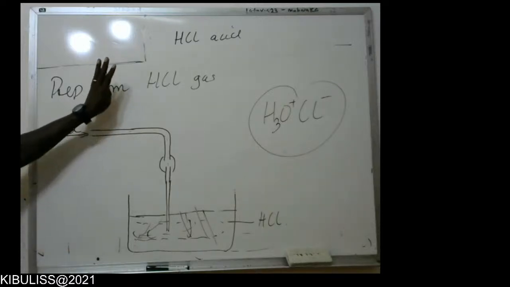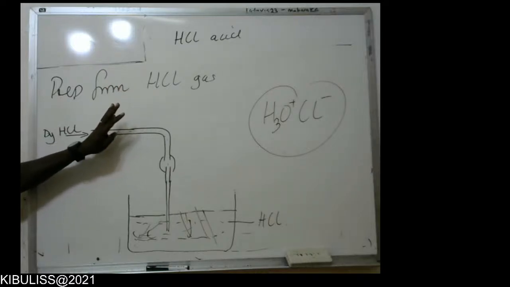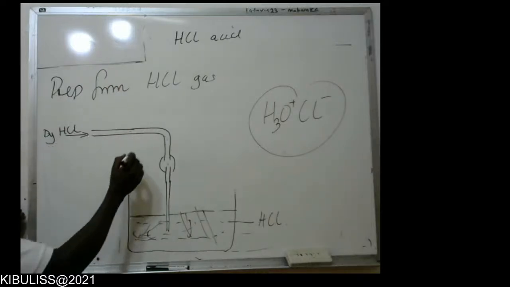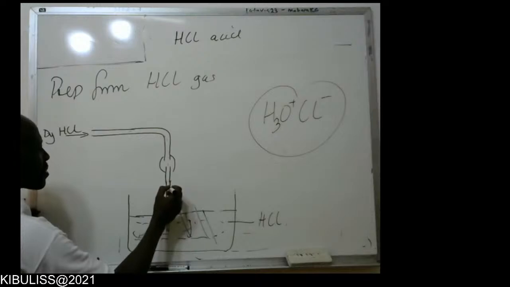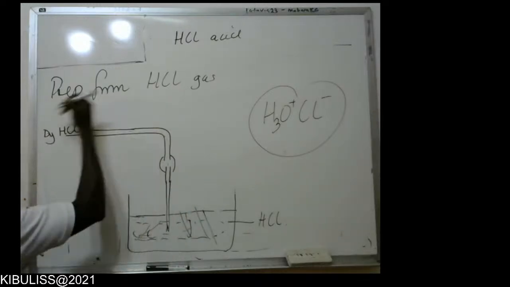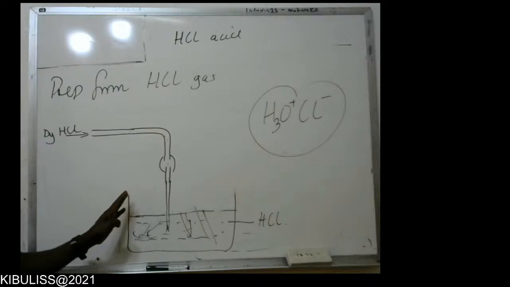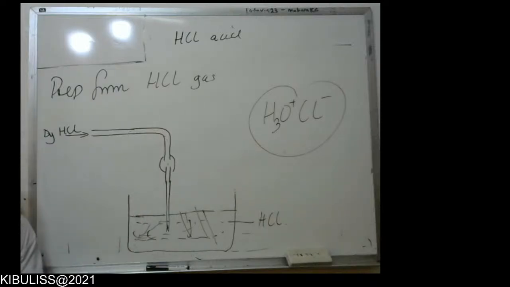So we use a funnel to minimize sucking back. Or use a delivery tube. The moment the first gas comes here, since there is high pressure difference, the water rushes in to look for the source. Where is the gas coming from? So the purpose of using a funnel is to equalize pressure so that water does not rush back into the flask where the gas is coming from.